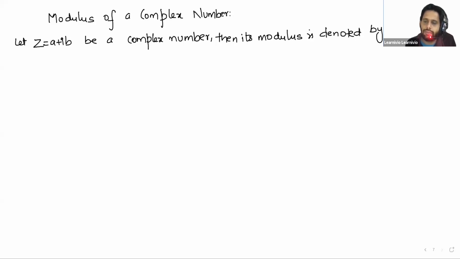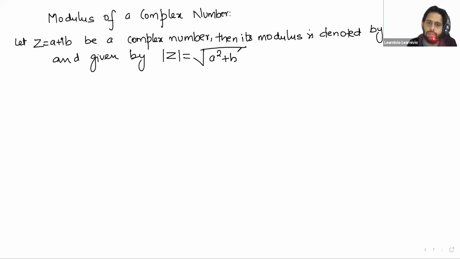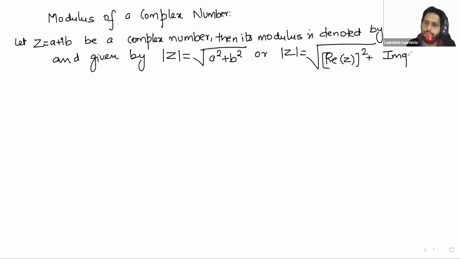Mod of Z is equal to under root of a square plus b square. Or modulus of Z is equal to under root of the real part of Z square plus the imaginary part of Z whole square.